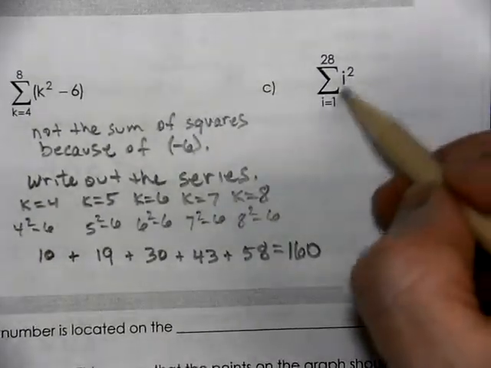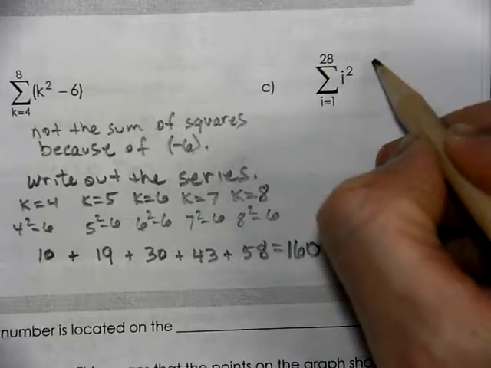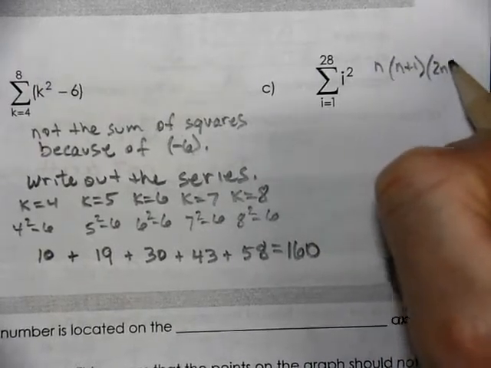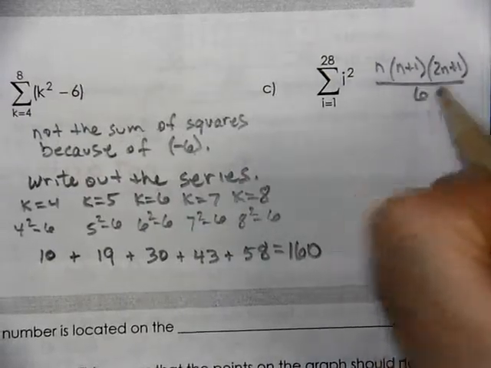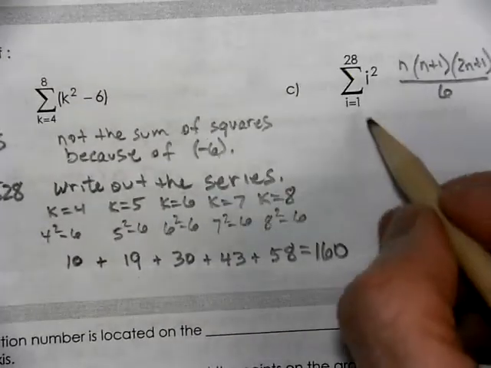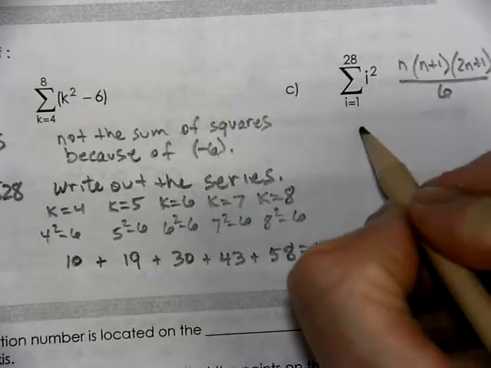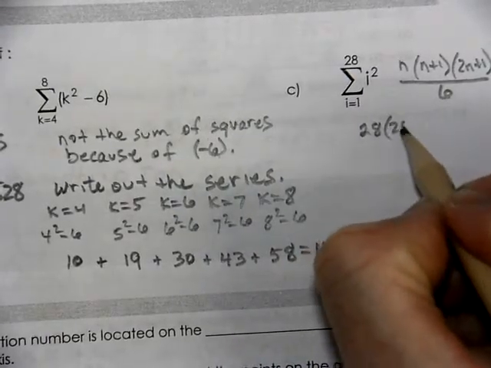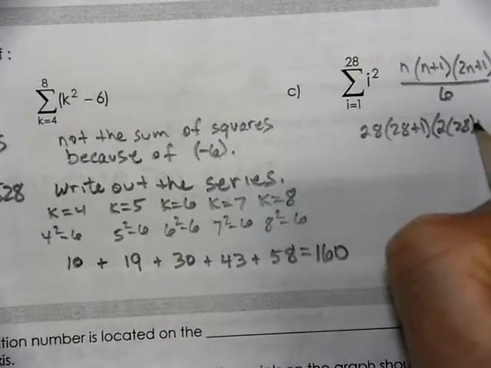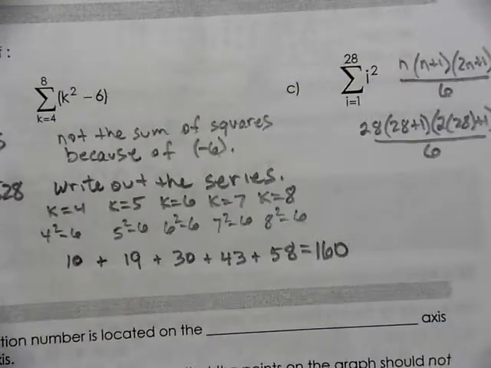Here's an example of squaring the position. So we can use our rule of n times n plus 1 times 2n plus 1, all over 6, using our formula from above. So our n term, in this case it's more like i, but it's going to be 28. 28 plus 1, 2 times 28 plus 1, all over 6.